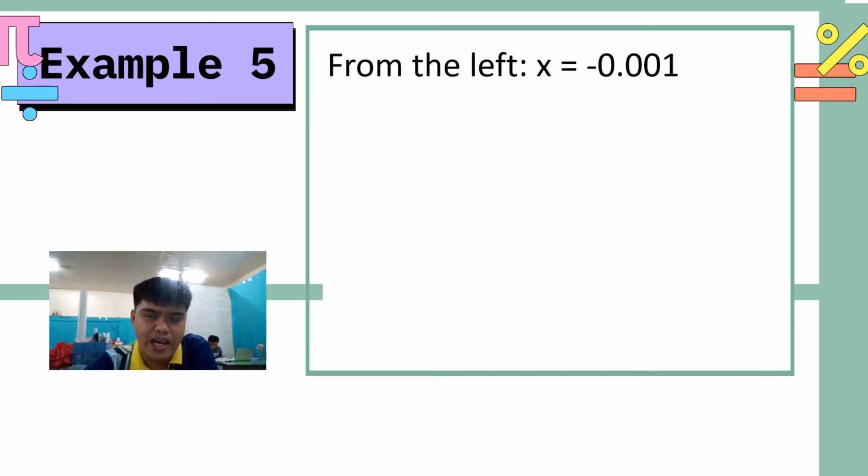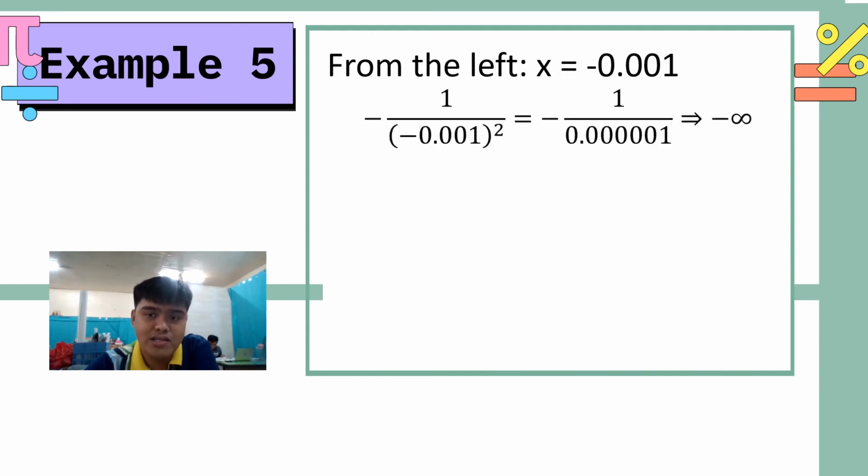Now from the left side, which is x equals negative 0.001, we can see that it becomes negative 1 all over 0.000001. Since it has a negative coefficient, it will result to a negative infinity.